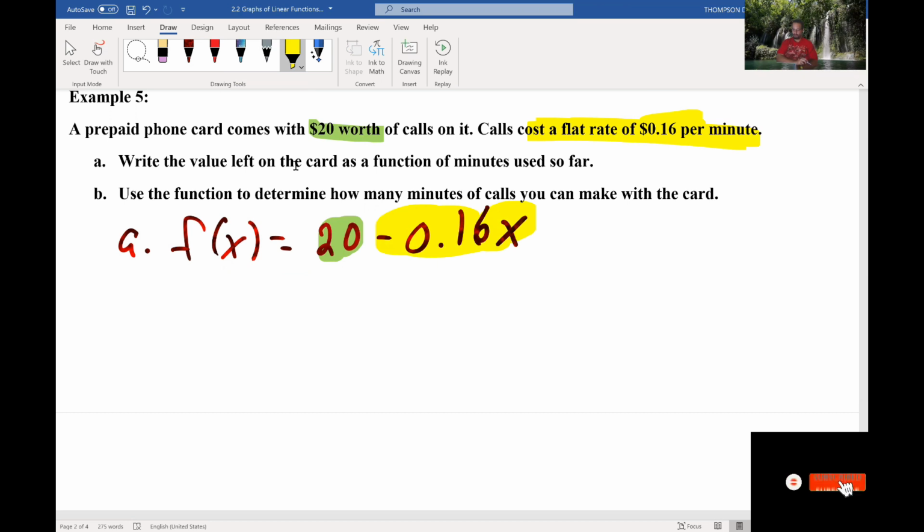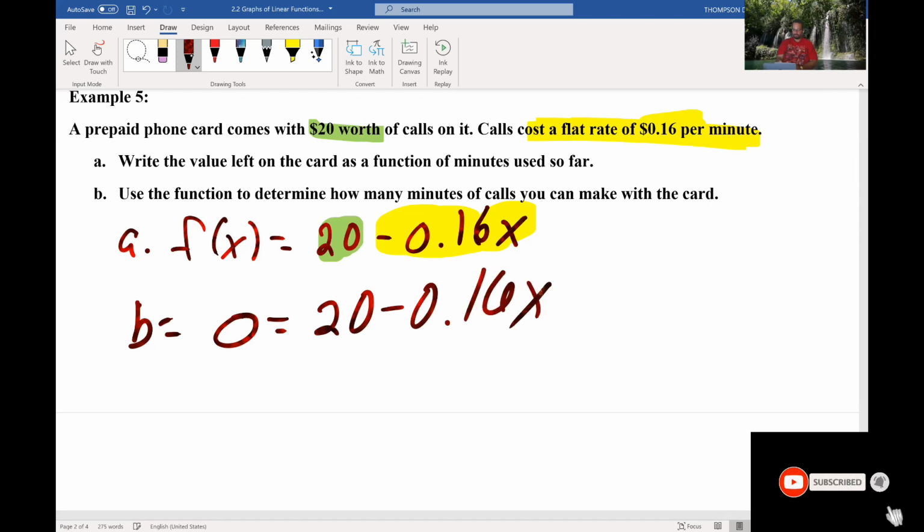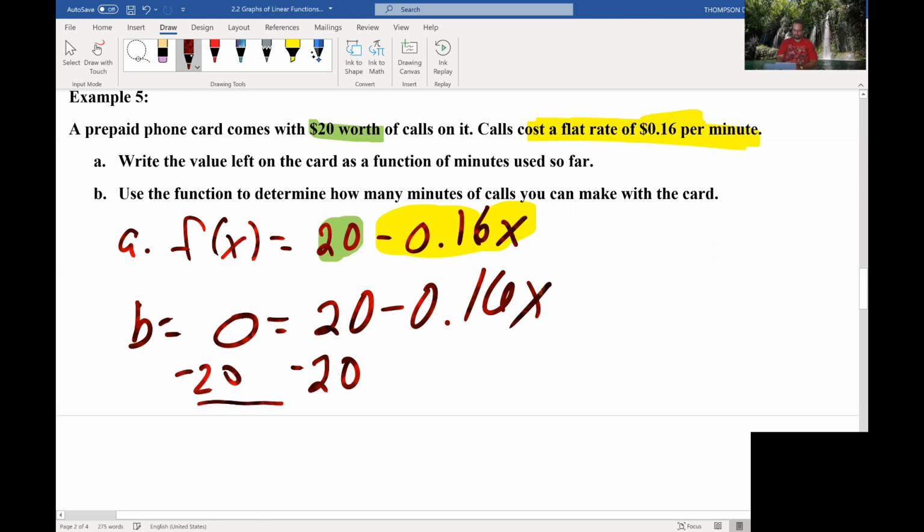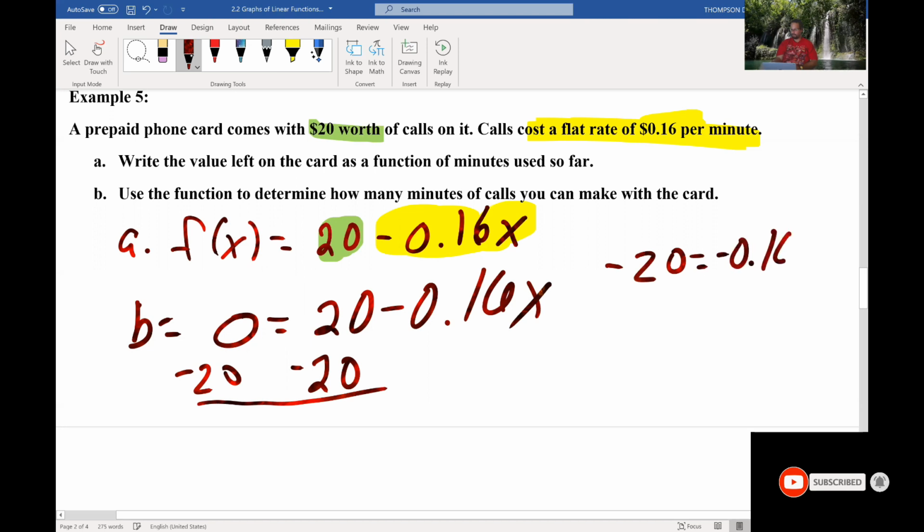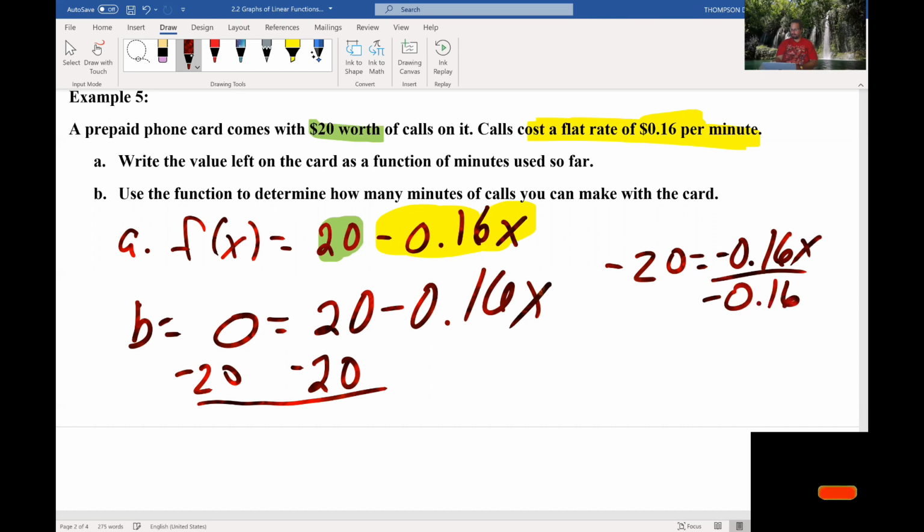Use the function to determine how many minutes of calls you can make with the card. So what we want to do is set this equal to 0. We subtract 20 from both sides. We have negative 20 equals negative 0.16x. We'll divide both sides by negative 0.16.